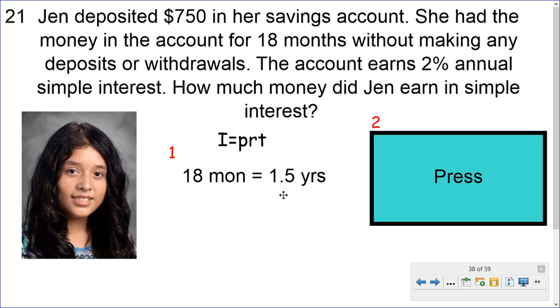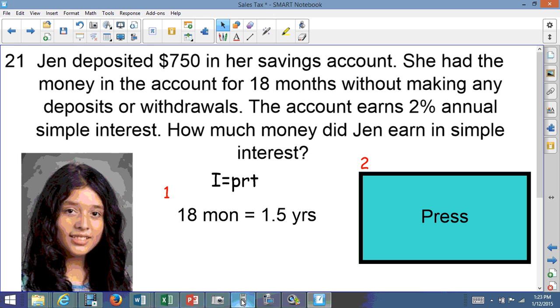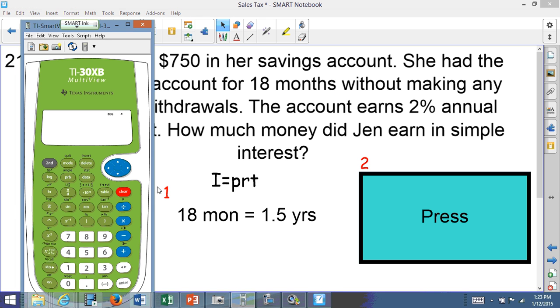Now, let's get our calculator and type this information in. She had $750 as the principal. We're going to multiply that by the rate of interest, which is 2%, which the bank is paying her. And we're going to multiply that by not 18 months, because time has got to be expressed in years.